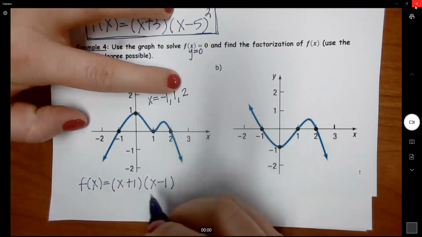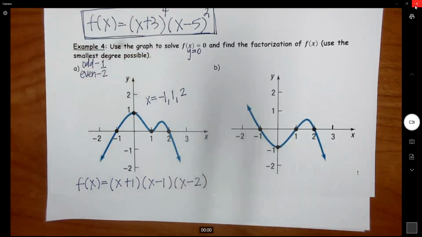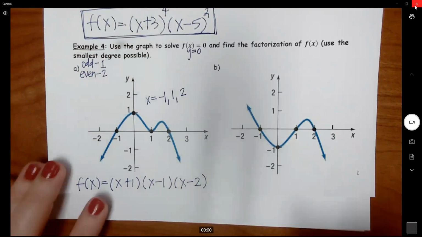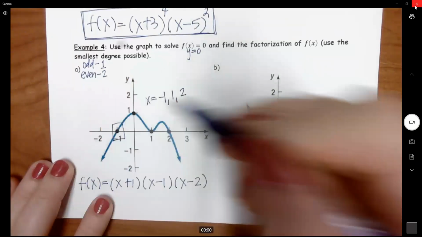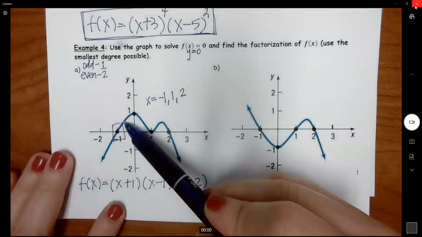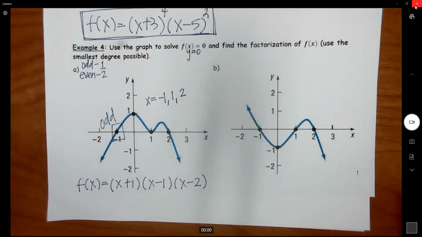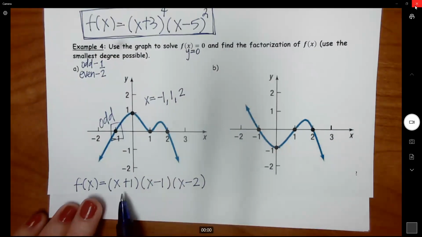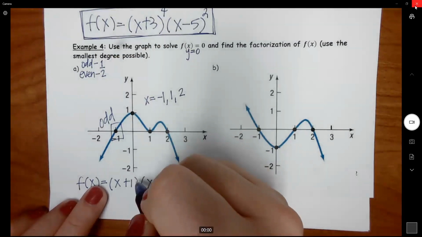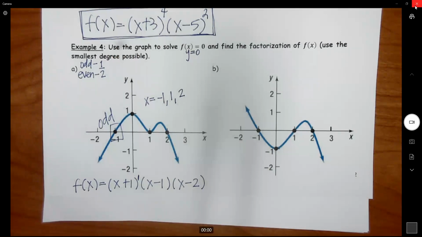And this 2 is x minus 2. So now I just have to figure out, is it odd or is it even? Well, right here, because at -1, it is crossing through that point, that makes this one here odd. And so I'm going to leave this to the first power. And I don't need that 1, but I'm going to put that there just so we can see what we have.